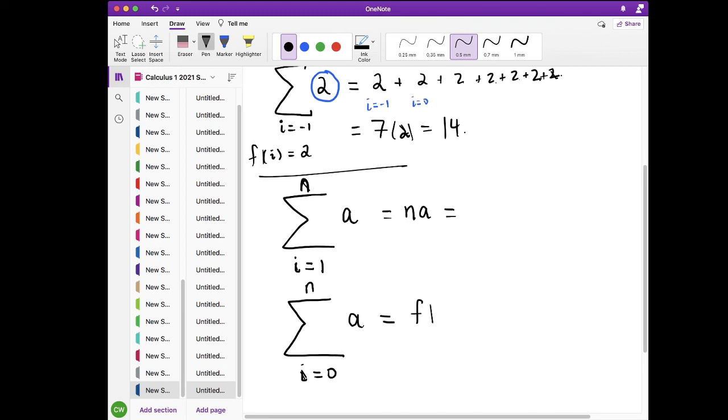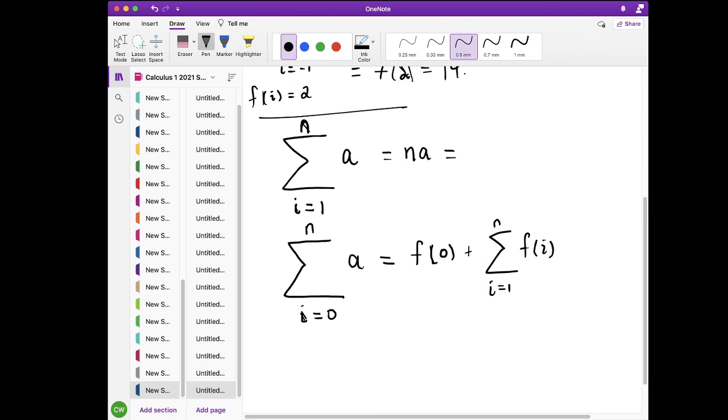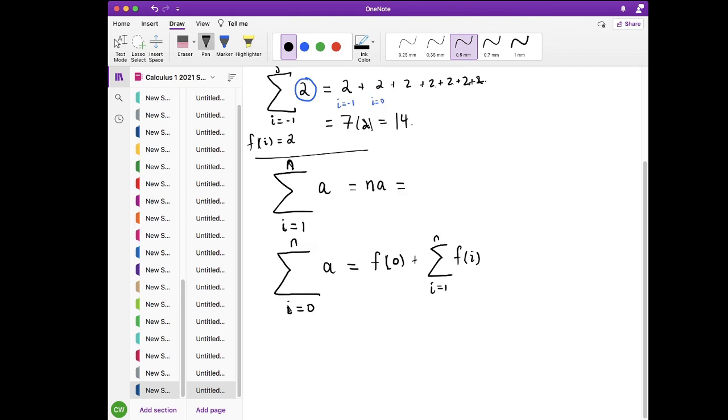You can split up a sum this way. Yeah. Does that make sense? Like, I'm just taking out the 0th term.